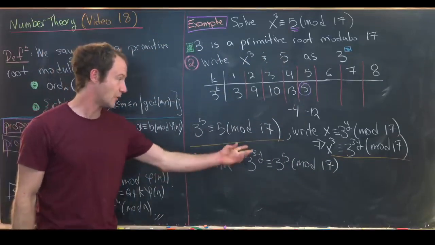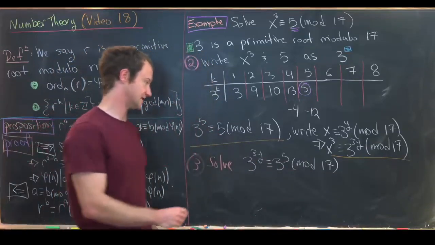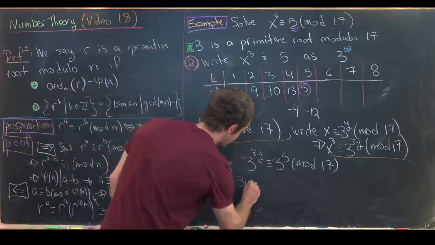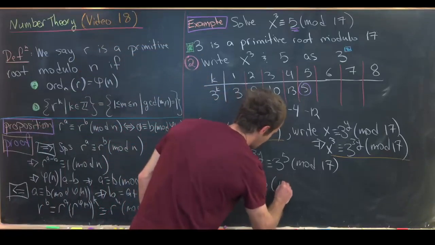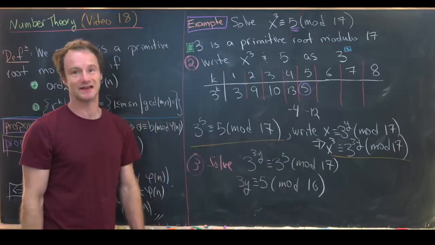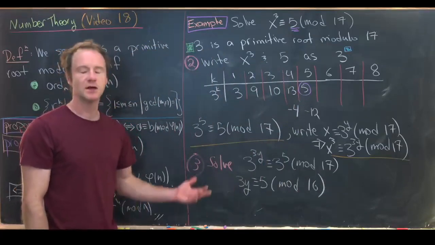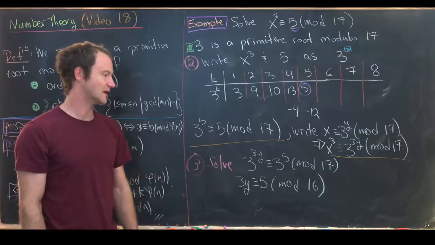Okay, but now we can take everything out of the exponent if we calculate phi of 17. So now we have 3y is congruent to 5 mod phi of 17, which is 16. Now we can multiply both sides by 3 inverse mod 16. Notice 3 inverse will be equal to 11.